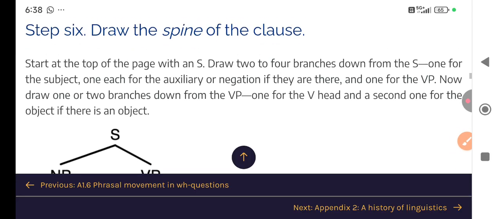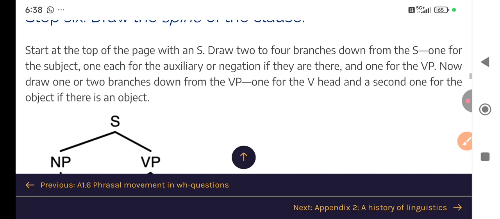Next step, you have to draw the spine. So start at the top of the page with an S. Draw two to four branches down from S, one for the subject and one each for the auxiliary or negation if they are there.